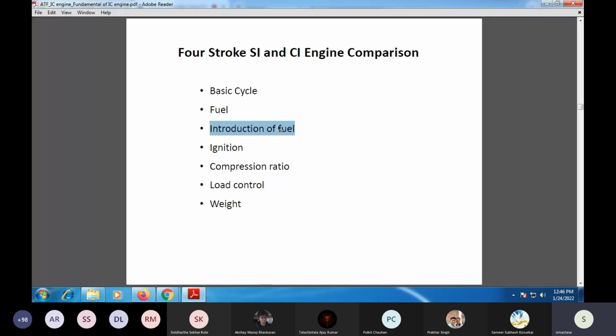But in a special kind of SI engine, the GDI, gasoline direct injection engine, the gasoline is also injected directly inside the combustion chamber, just like a CI engine.